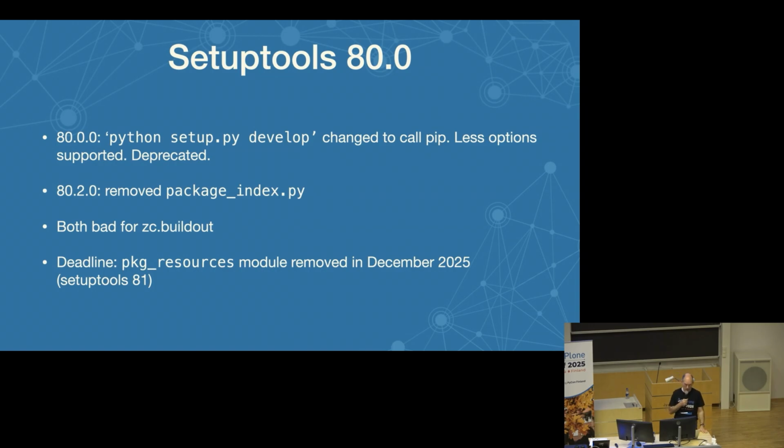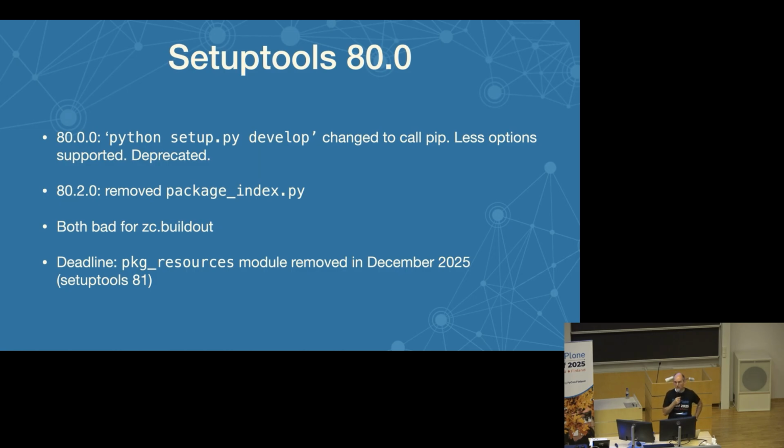In setuptools 80.2, the package_index module was removed. That was also heavily used and very much needed by buildout. In the end, I fixed that by copying that module into zc.buildout, and then it also worked. But buildout has had some problems with setuptools, and that tends to happen. Currently, it's still fine with the latest 80.9.